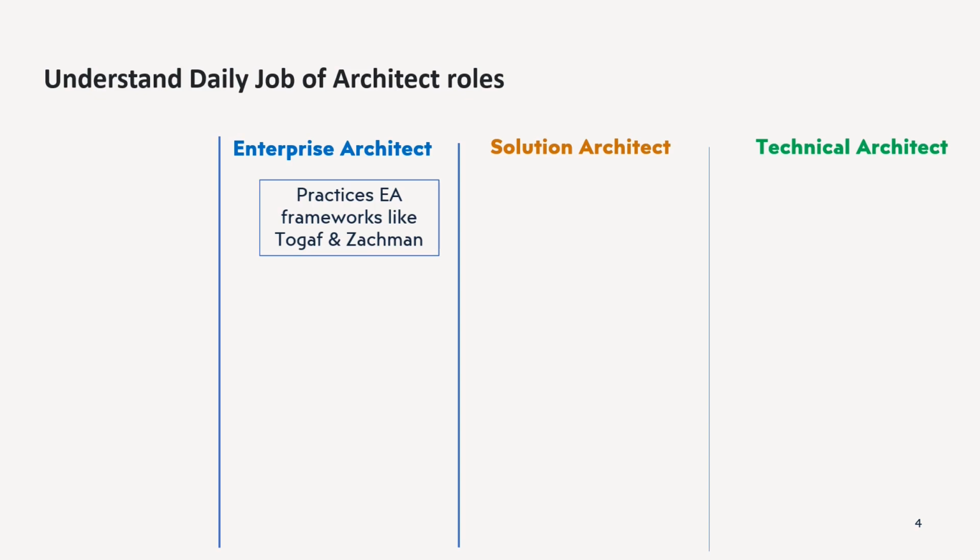Whenever you want to establish an architectural facility or department, you must follow these frameworks so that you're able to perform all the tasks and steps properly. These are generic frameworks, but every company needs to customize or tweak them as per their requirements.